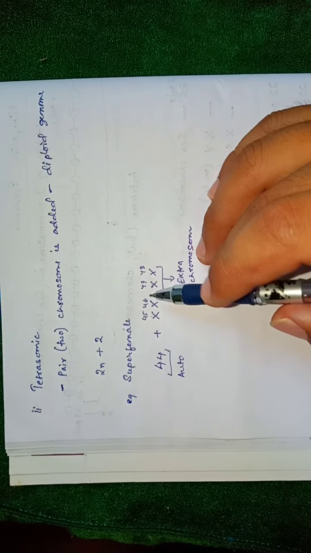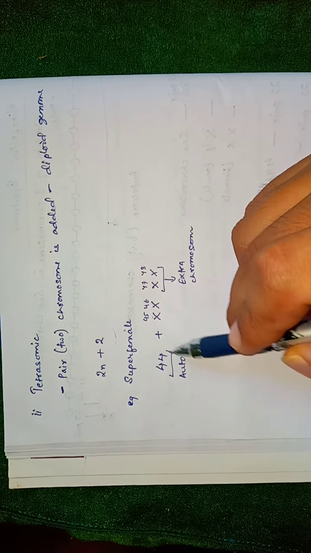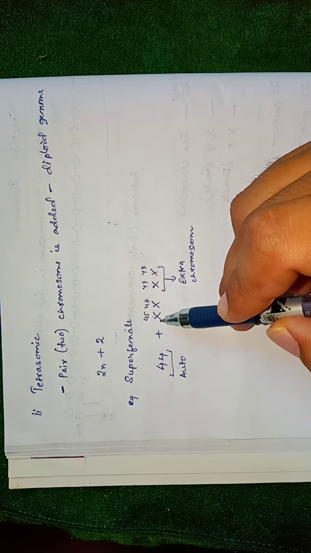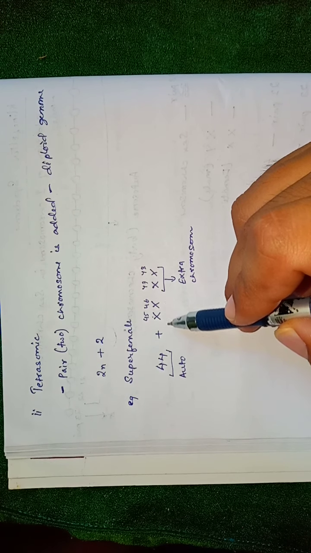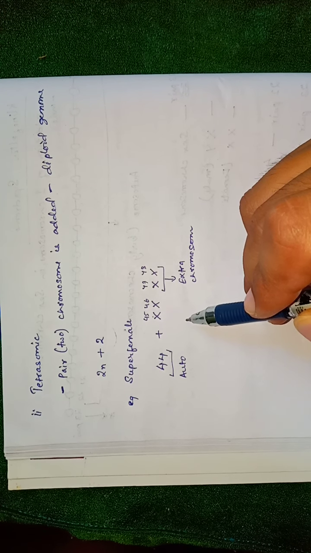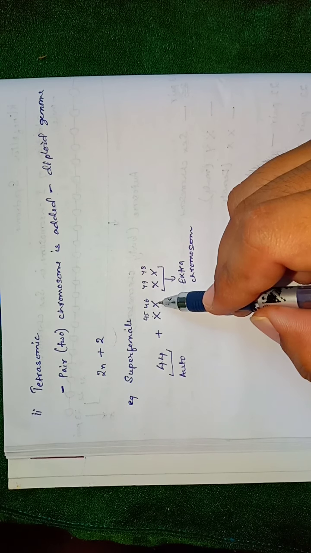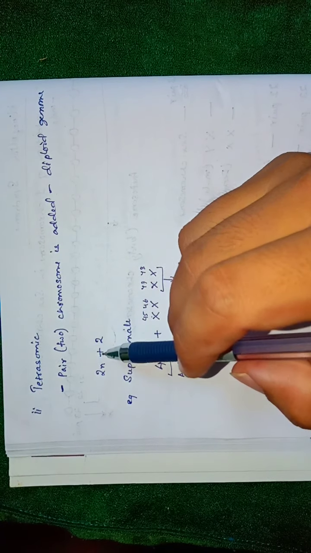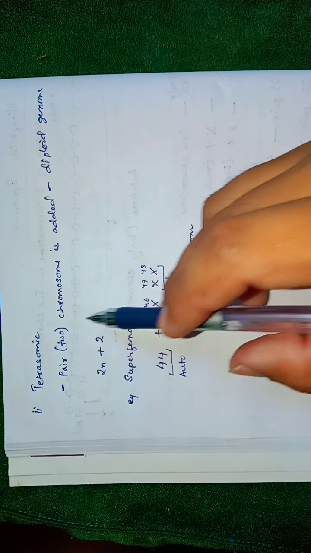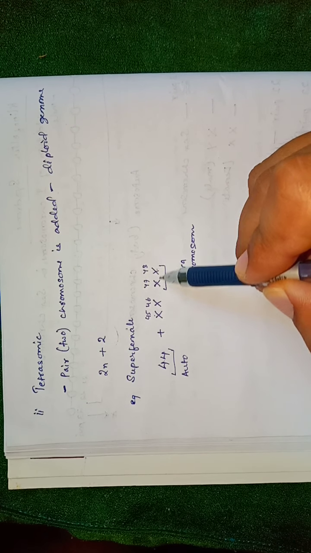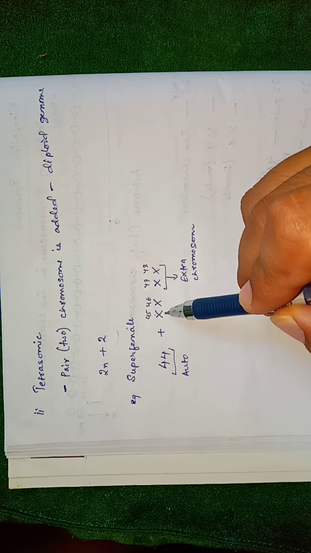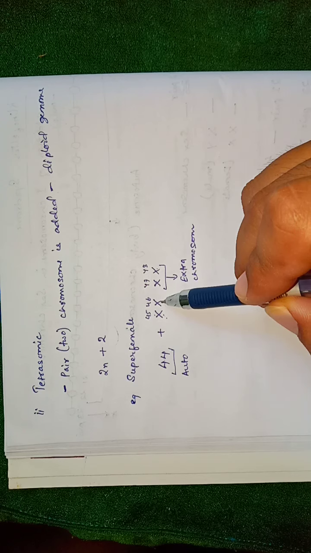So in female, the 44 chromosome is the autosome, and the 45 and 46, that is the 23rd pair, is the sex chromosome. So the female will have XX type of chromosome, but due to the case of tetrasomic, 2 additional X chromosome will be added to the 45 and 46 chromosome.